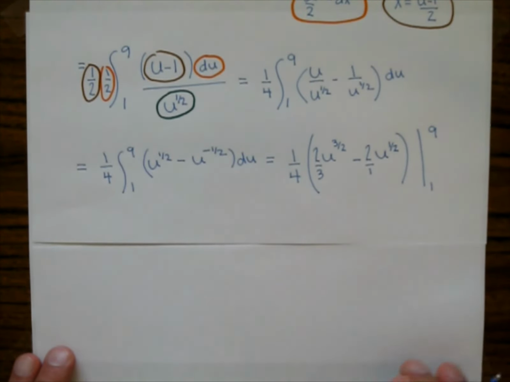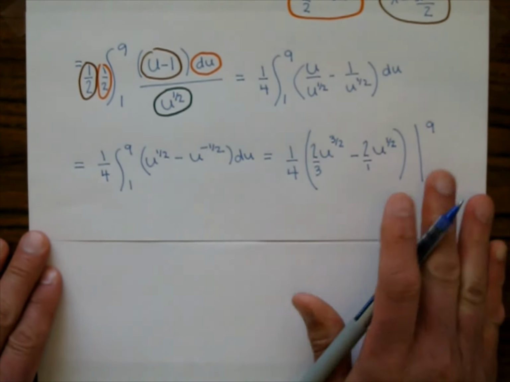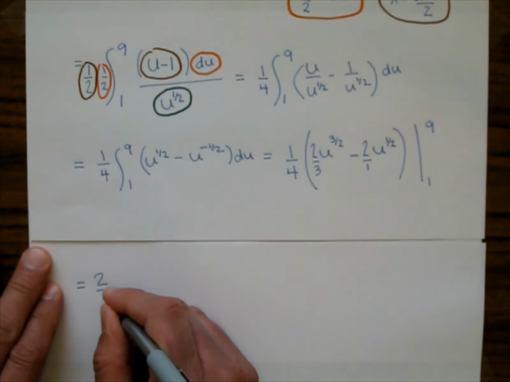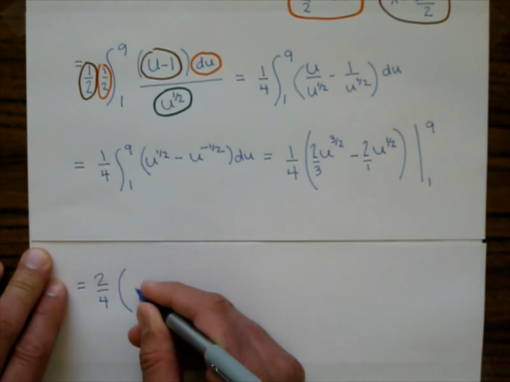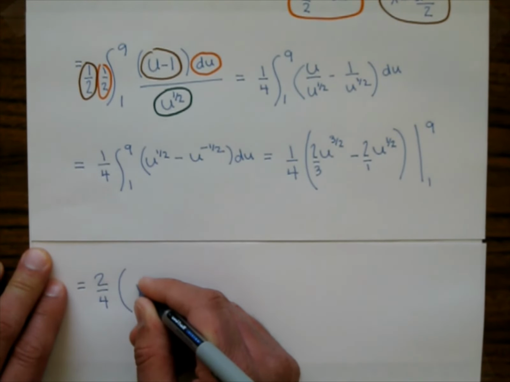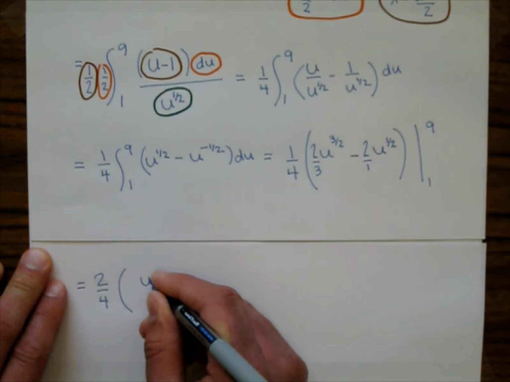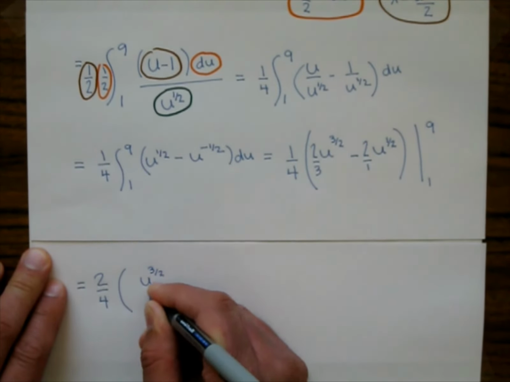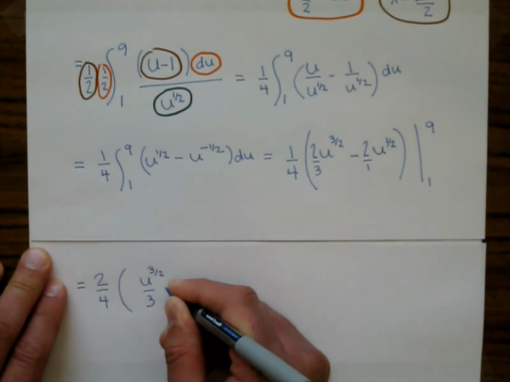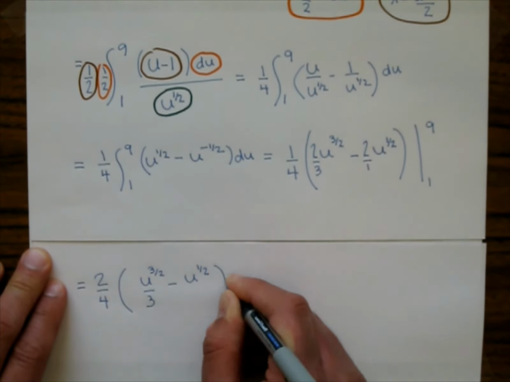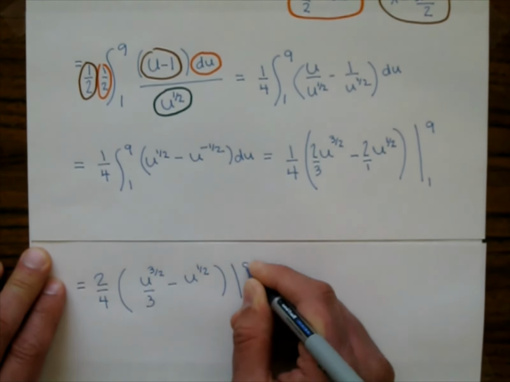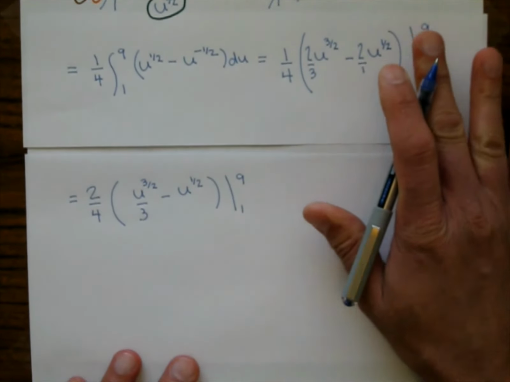So what I'm going to do is factor a 2 out of the top. So this is going to become 2/4. And here I have u to the 3/2 over 3 minus u to the 1/2, from 1 to 9. Okay, we'll continue.